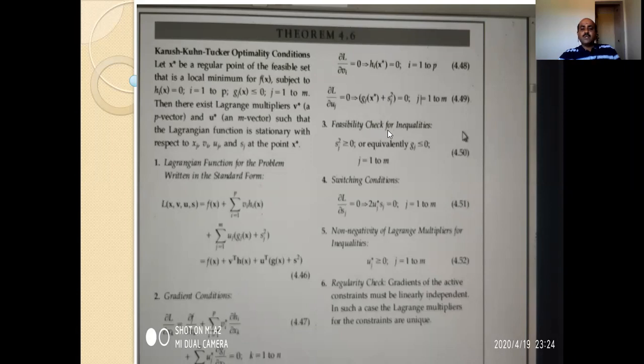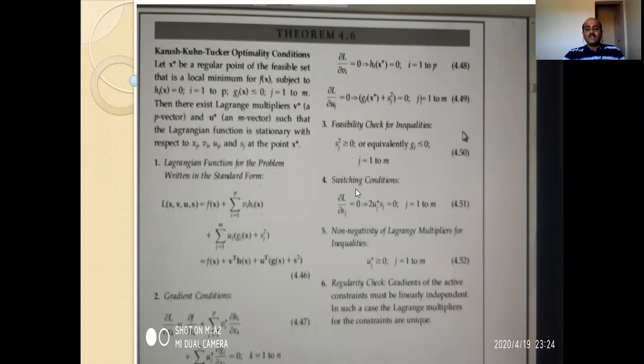Okay, feasibility check for inequalities. So feasibility check: sj square greater than or equal to 0, or equivalently gj less than or equal to 0, where j is equal to 1 to m. This is the feasibility check condition for the slack variable.